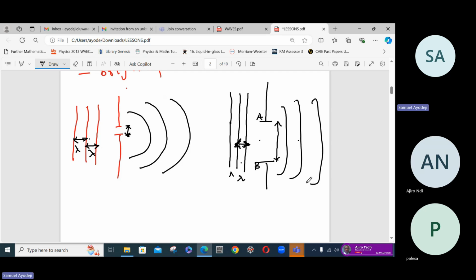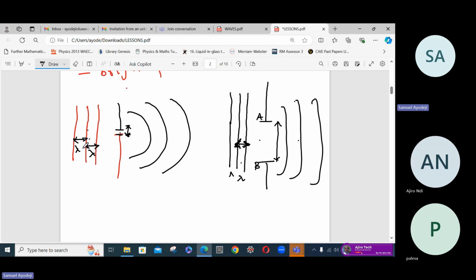But in this case, if you have almost the same size, let me draw it like this so it makes sense. Look at the opening, look at this size, and look at the size of the thing to pass through.